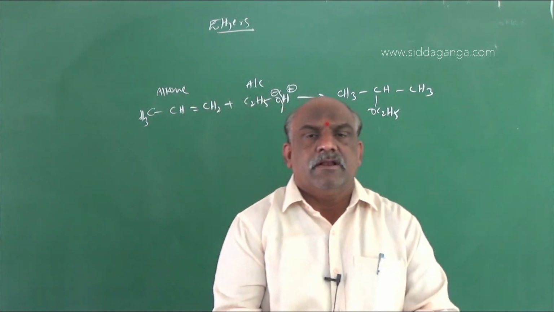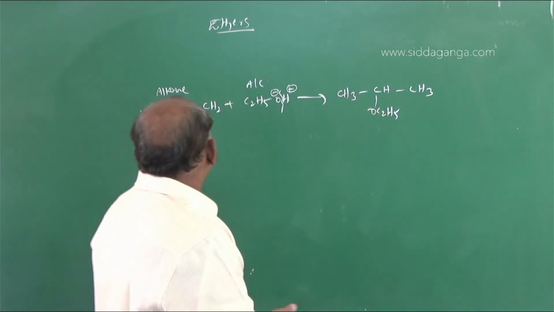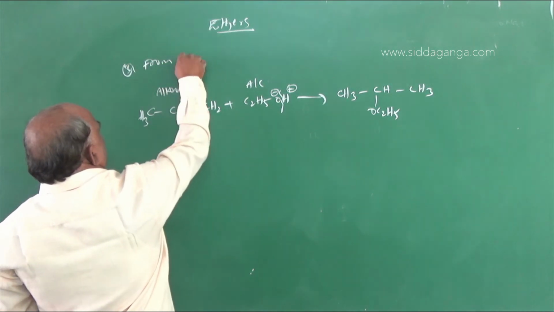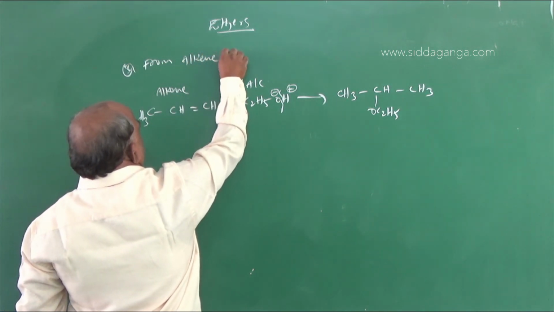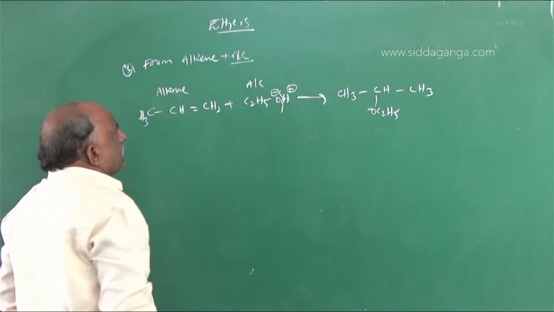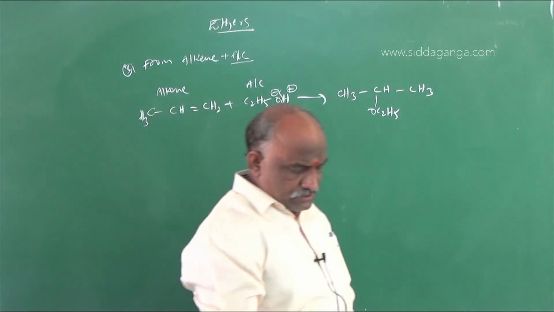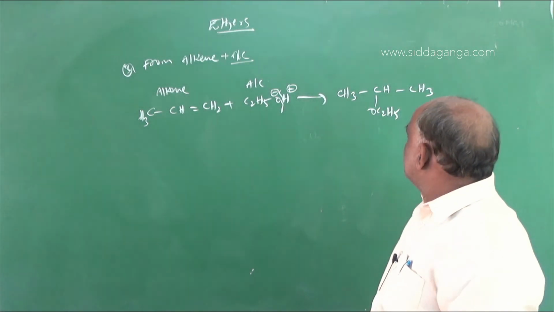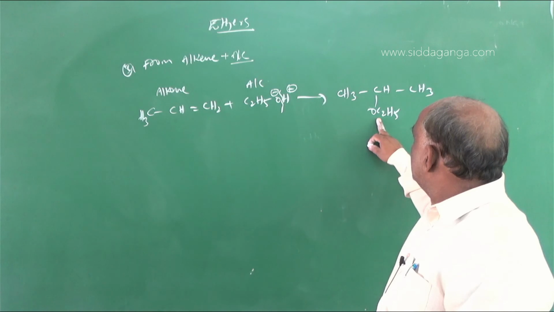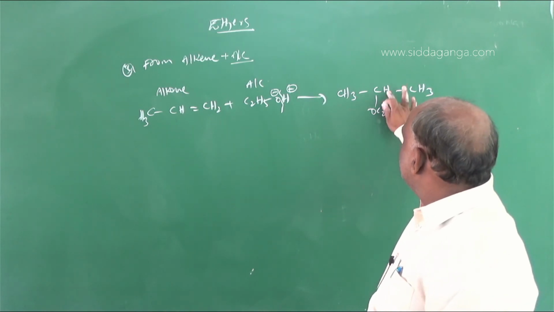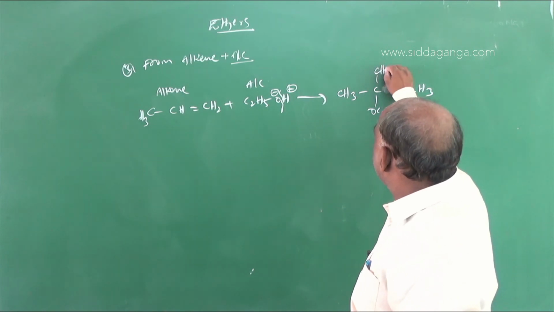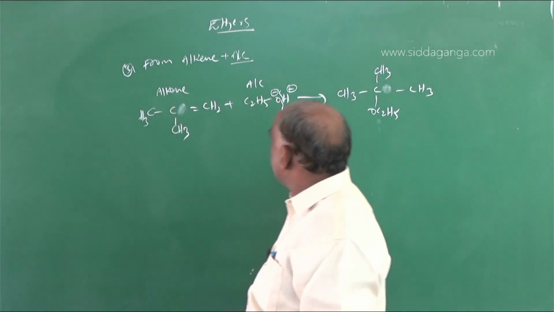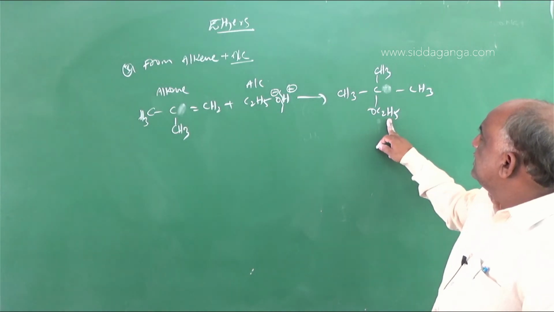Alkene plus alcohol gives rise to ethyl ethers. If you take the tertiary alkene here, this is ethyl tertiary butyl ether.